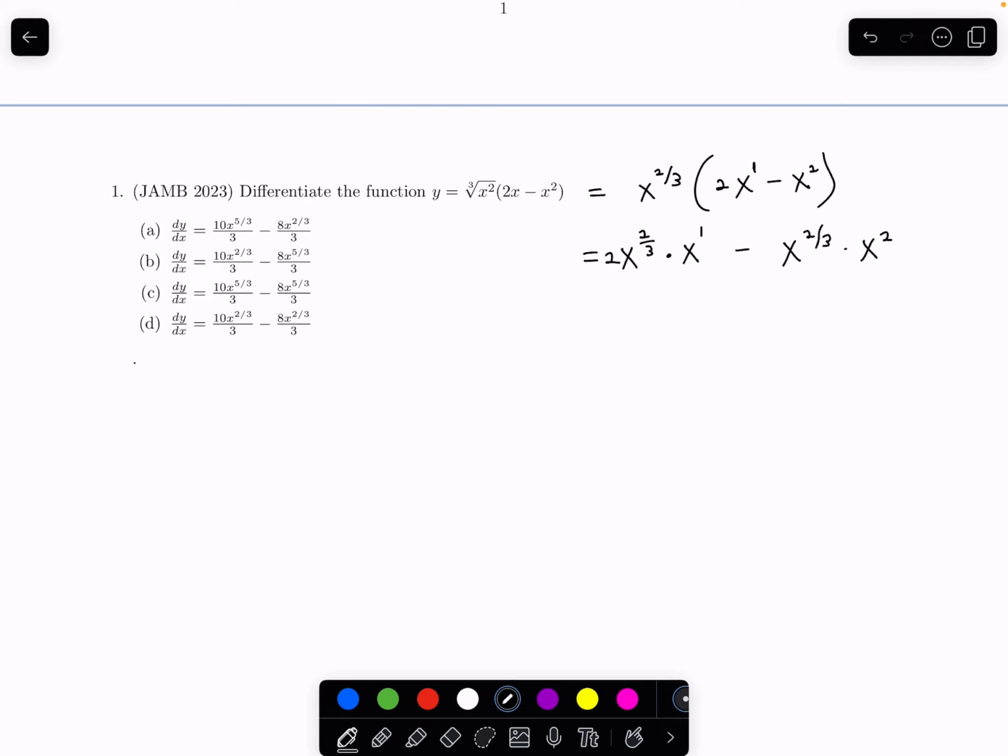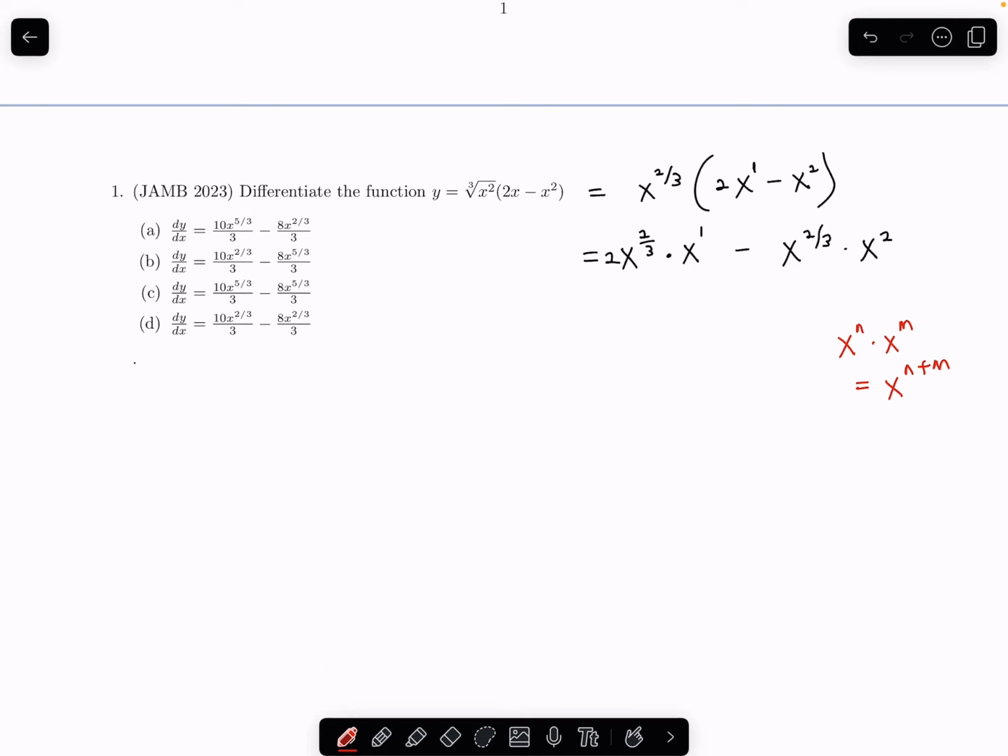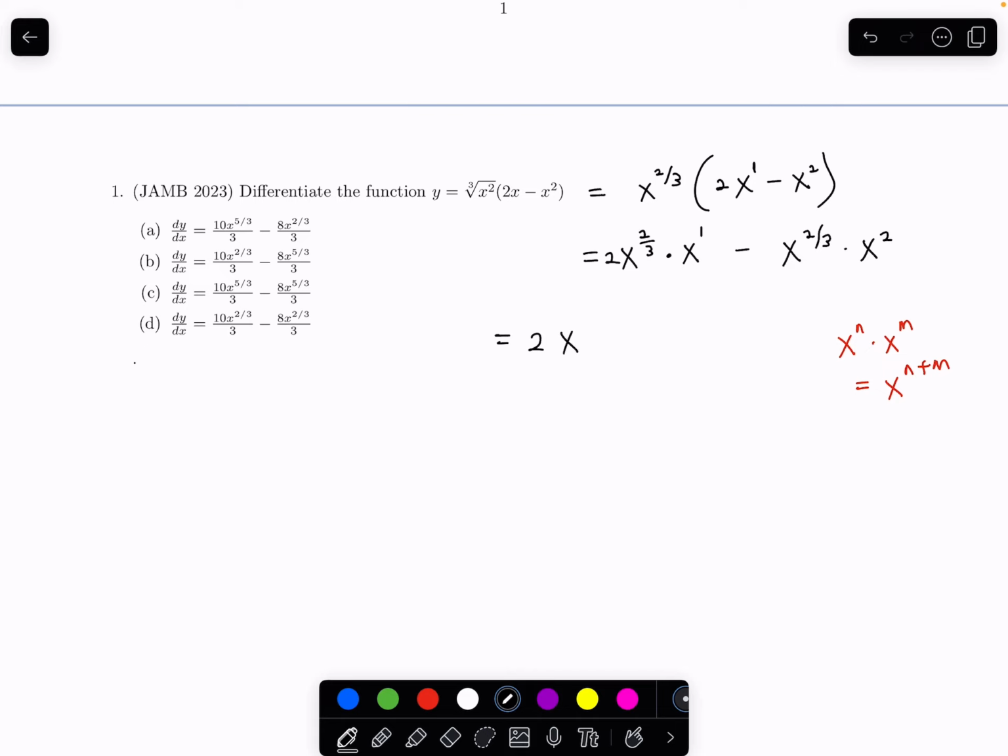To combine the fractions, that's basically the rule of indices, and I'm going to write it by the side. x to the power of n times x to the power of m is equal to x to the power of n plus m, right? So to combine this, it is going to be 2x to the power of 2 over 3 plus 1, minus x to the power of 2 over 3 plus 2.